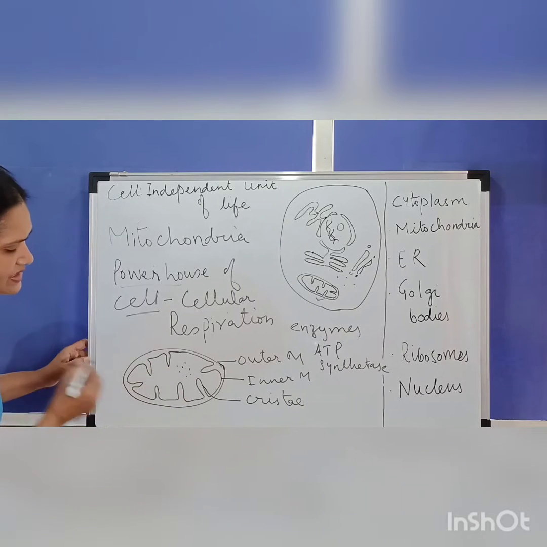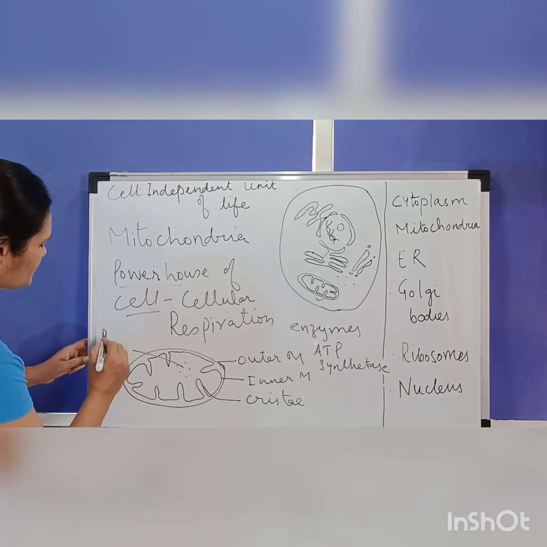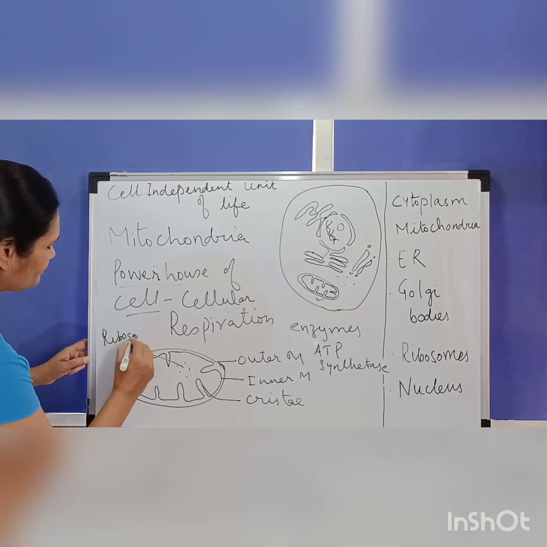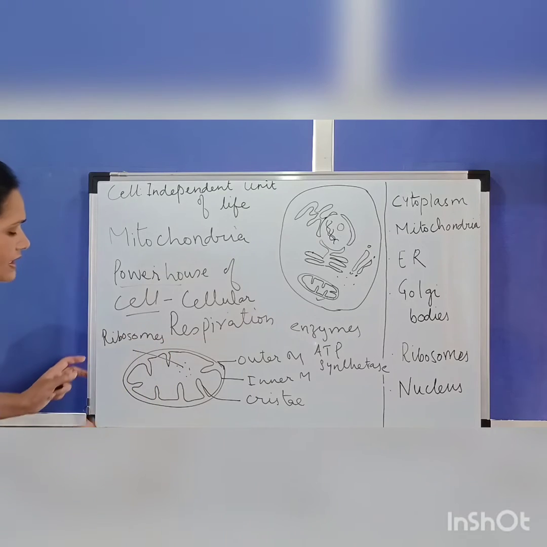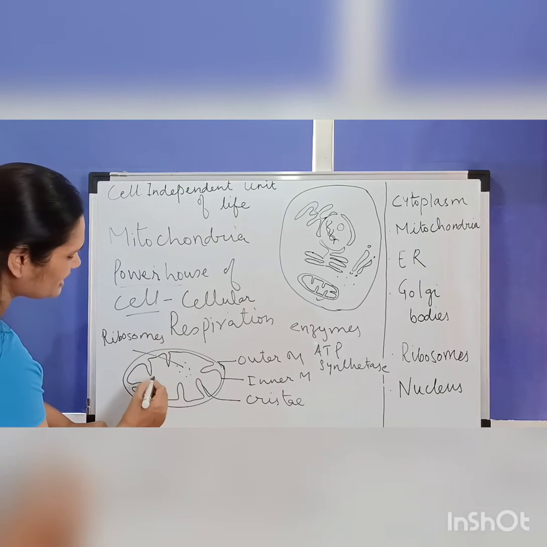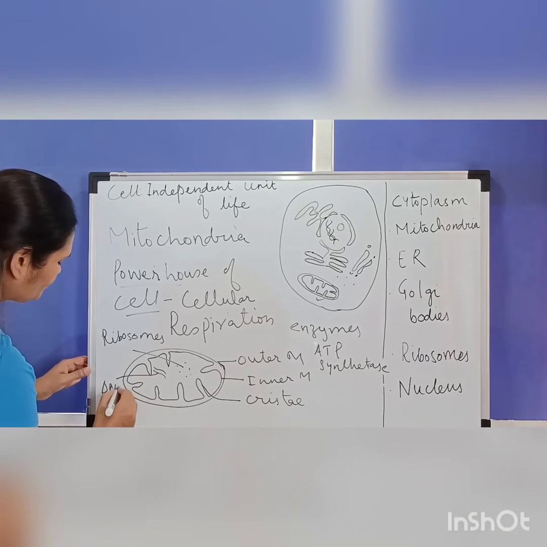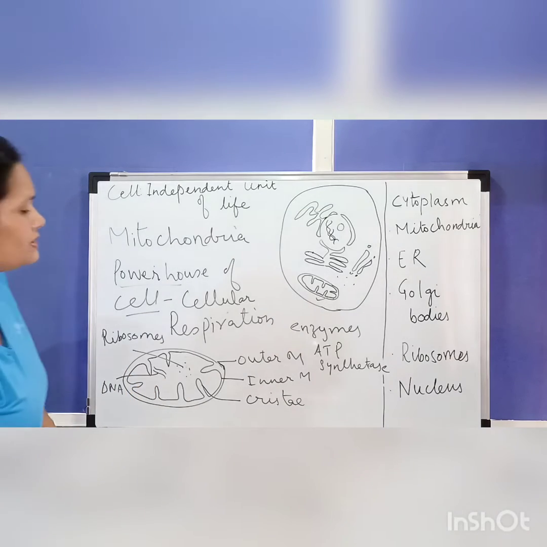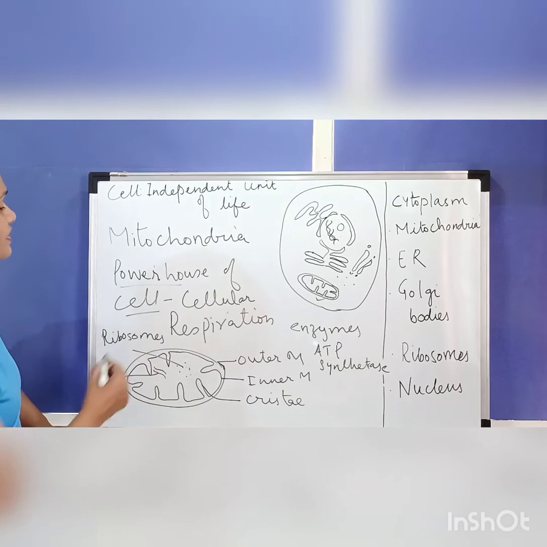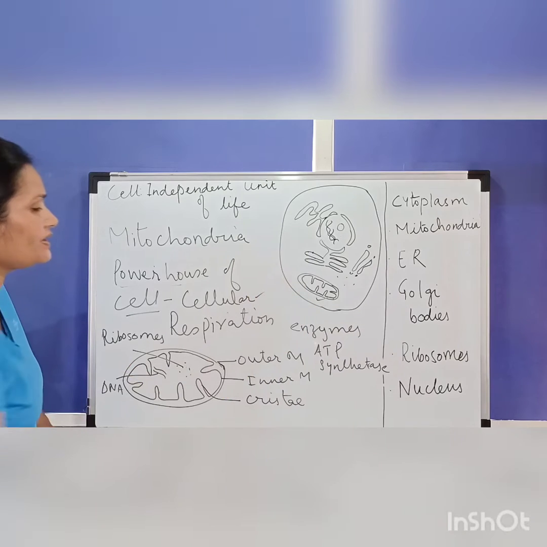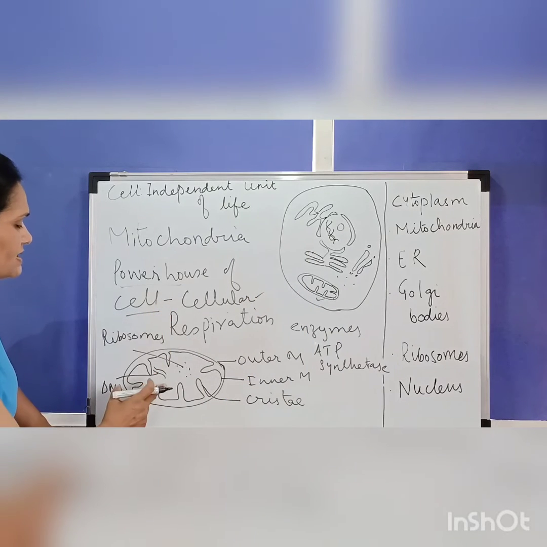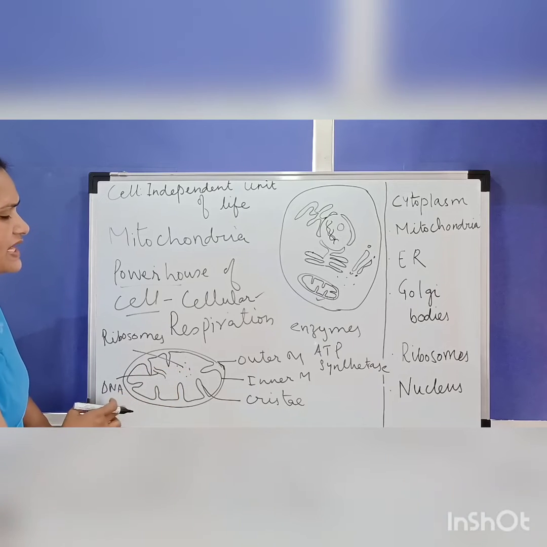These dot-like structures are the ribosomes. And it also contains its own DNA. So this is how the mitochondria is, and a very important function of the mitochondria is cellular respiration. Now this is an organelle which contains its own ribosomes and DNA. This we need to remember.